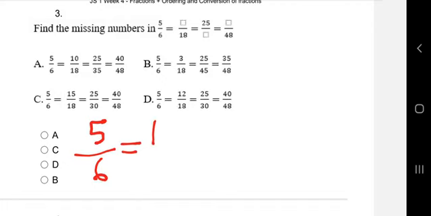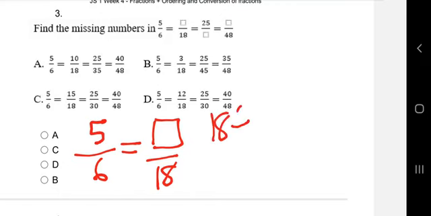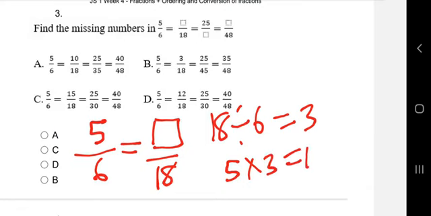So that is dash over 18. So which means this 6 has been multiplied by something to get 18. So that means you're going to say 18 divided by 6, and that gives what? 3. So that means 5 multiplied by 3 gives what? 15.